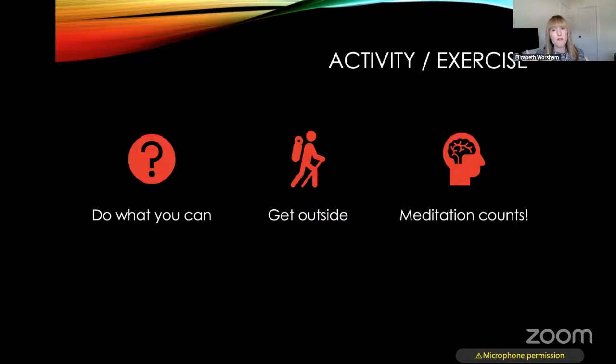There's so many benefits from being outside. Being outside and maybe doing a meditation or just deep breathing. Maybe you can do stretching, or maybe your kiddo can climb to the top of the playground and you have an eye on them so they don't fall. Just do what you can, but be mindful that we've got to get some activity or get outside if medicines are going to work.